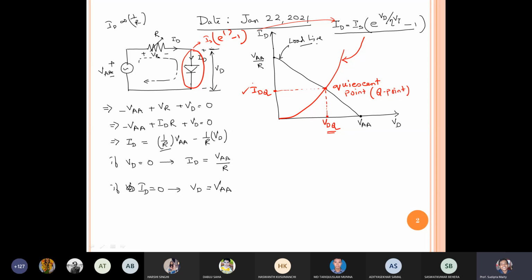So in this case I will get no distortion. I will get stable operation. Is it clear?